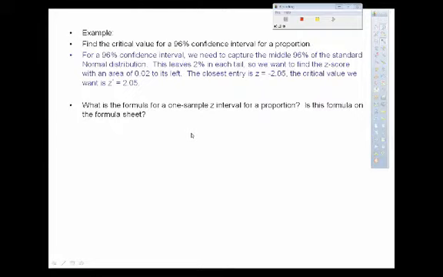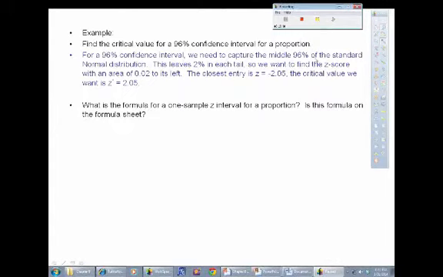What is the formula for a one sample z interval? Once we find the critical value z star, a confidence interval for the population proportion p is the statistic, if you recall, the statistic plus or minus the critical value times the standard deviation of the statistic.